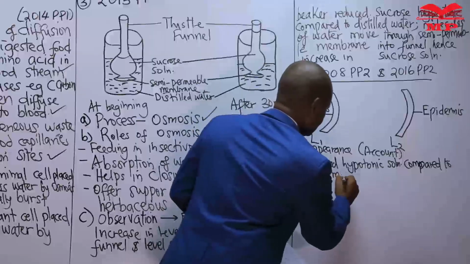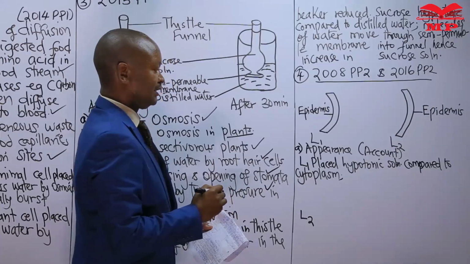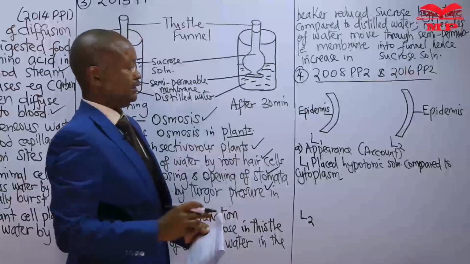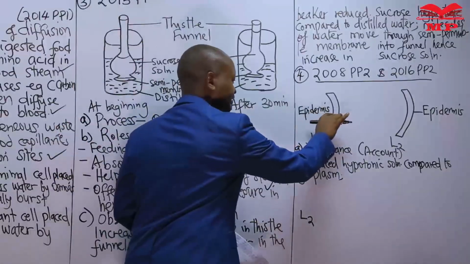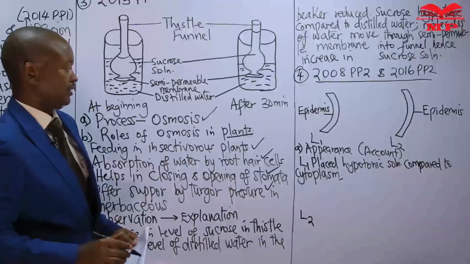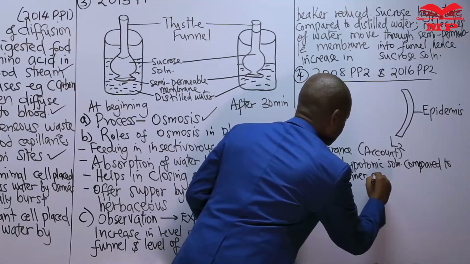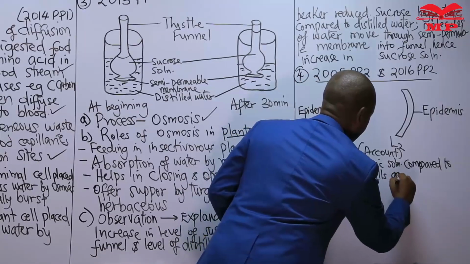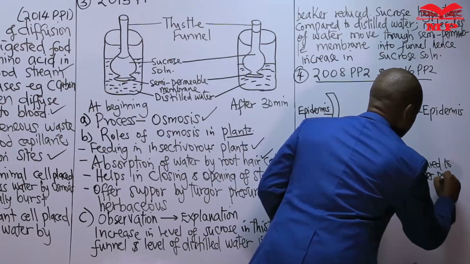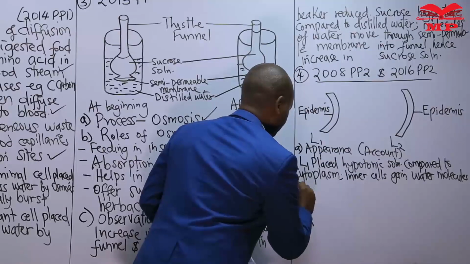Then, once it's placed there, it means that for L1, the inner cells, meaning these cells that are away from the epidermis, gained water molecules by the process of osmosis.